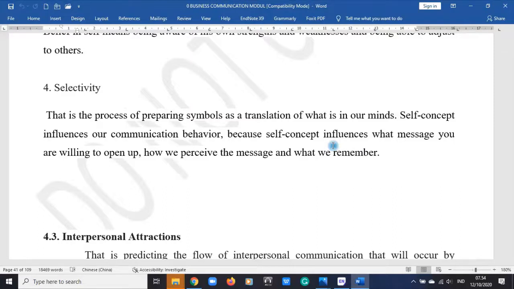We select a specific symbol when somebody says a word. If I say justice, what comes into your mind? Perhaps a hero or a balance, yes, justice is related to that.